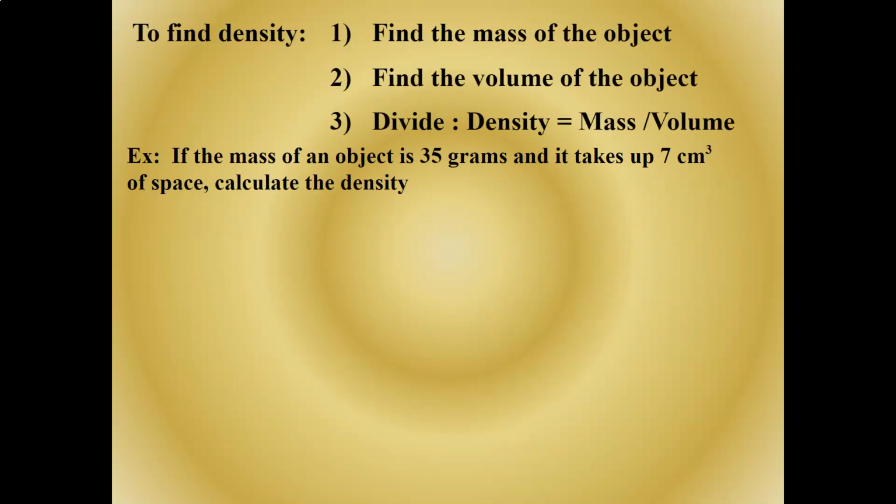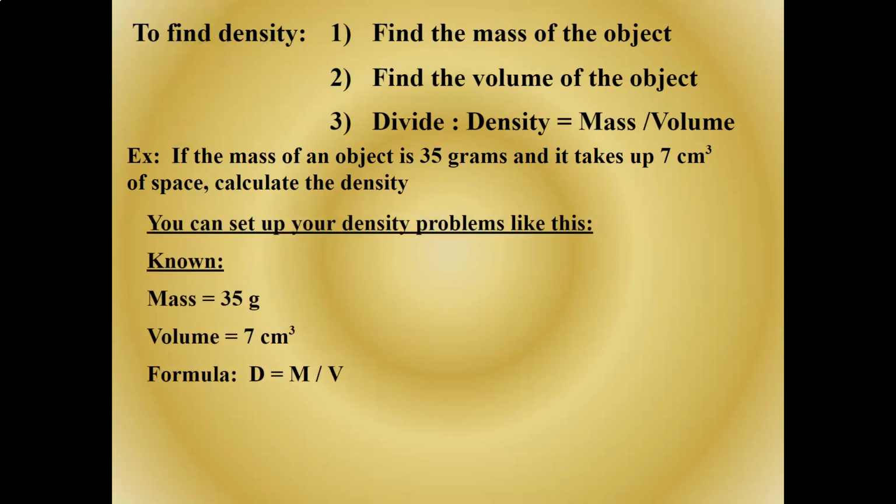So again, if we're going to go through the process and do a quick example problem, we found the mass of the object in the given example was 35 grams. You find the volume of the object, which in the given example was 7 cubic centimeters. So then you simply have to divide these two. I start by writing out what my knowns are.